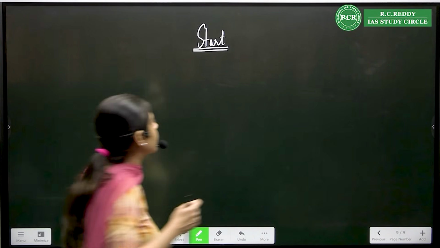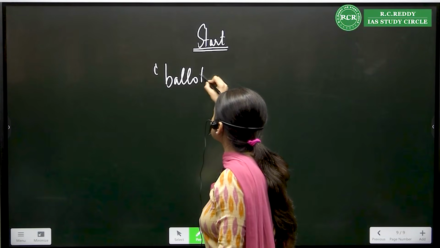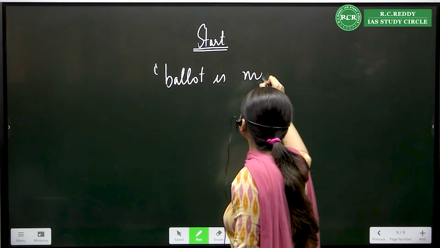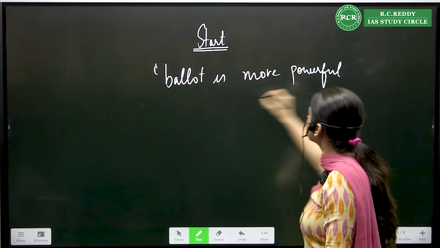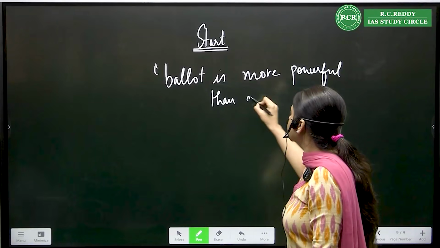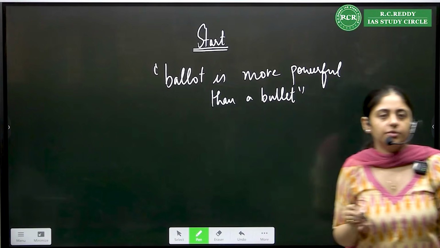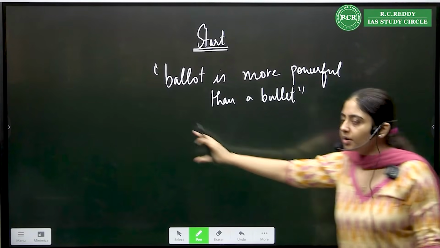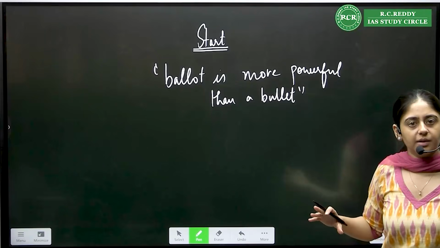The quote you can write here is that Abraham Lincoln has said the ballot is more powerful than a bullet. Now, mind you, even if you start with a quote, you have to give some context. You cannot just directly jump to the historical background.